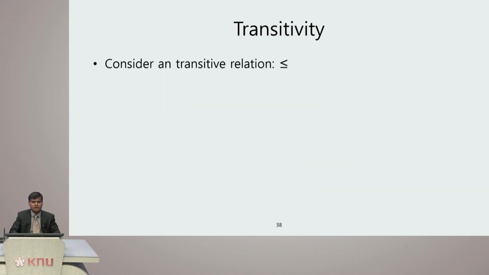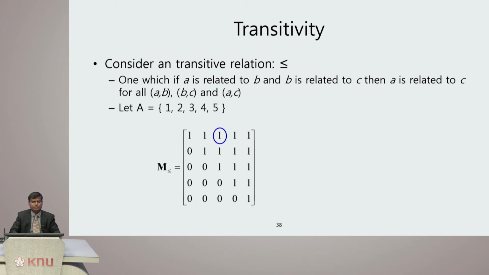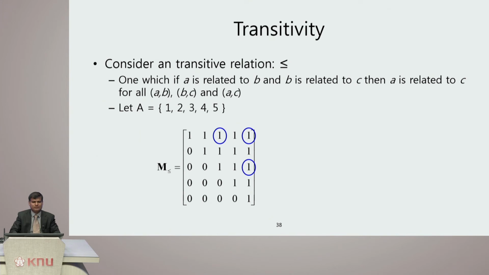Transitivity, well, we can use the less than or equal to relation here, and if A is related to B and B is related to C, then we say A is related to C. That is the idea. So let's say here with the upper triangle we have 1s there. If for every spot A comma B and B comma C that each have 1, there is 1 at A comma C. So that's the relation here.